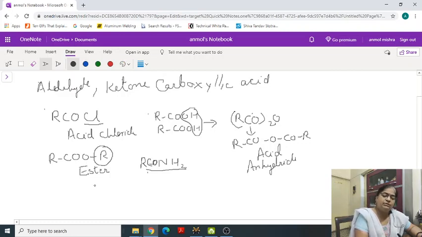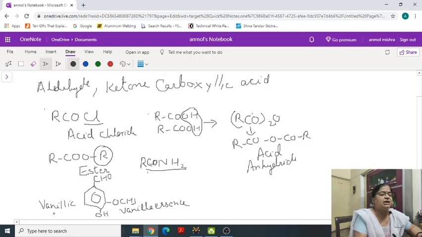For example, vanillin. Now vanillin is used to extract vanilla essence, which is the most common essence used in the preparation of food items, especially ice cream. Second is salicylaldehyde.